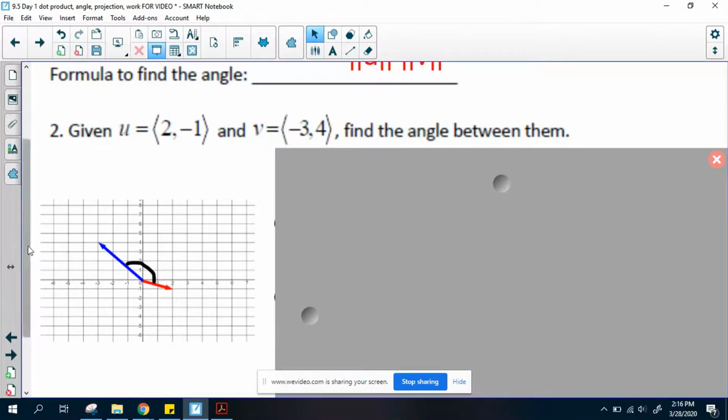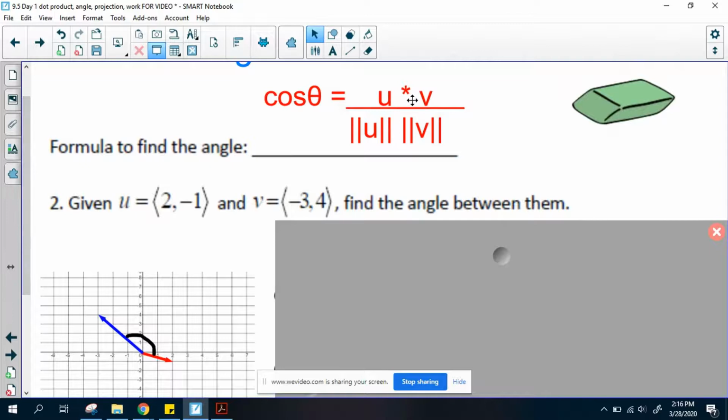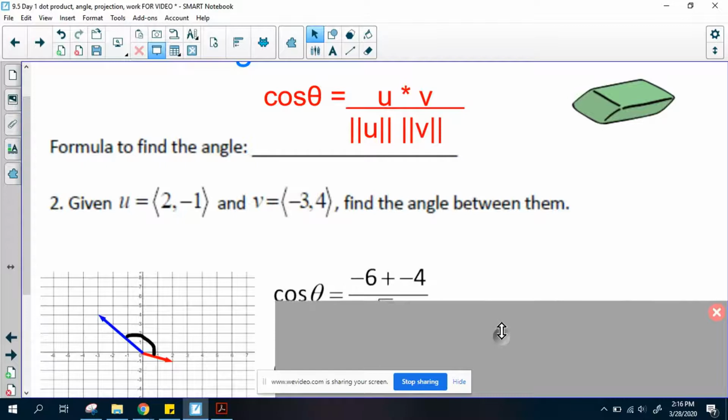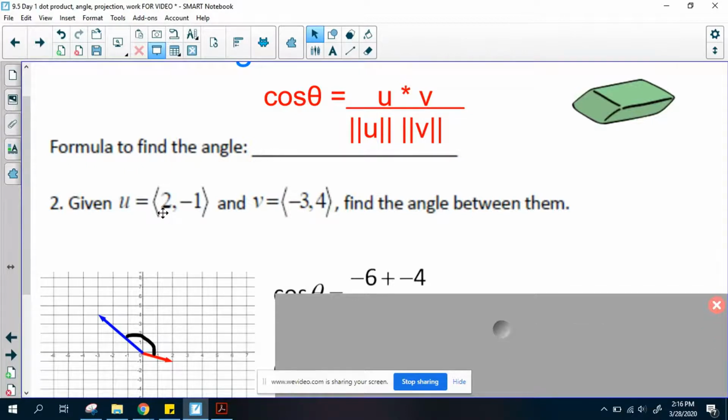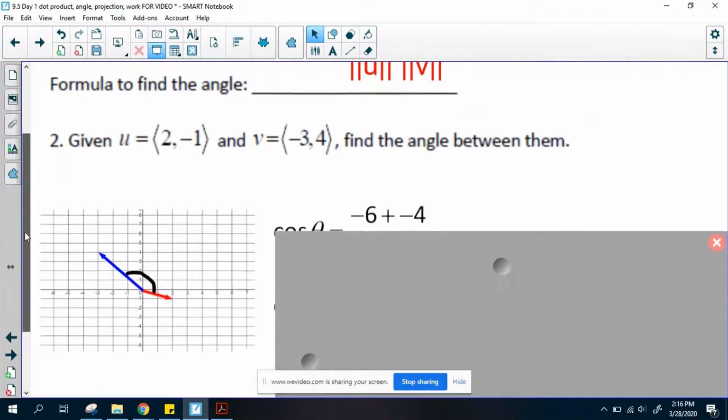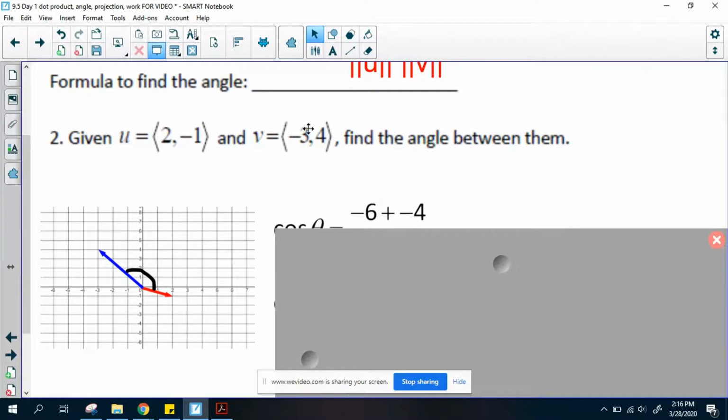The first thing is we have to find u dot v. Conveniently, we already did that on the last screen, which gave us -10. Then at the bottom, we want to find the magnitude of u and the magnitude of v. Remember, to do that, it's basically a squared plus b squared equals c squared. So 2 squared plus -1 squared, square rooted, and -3 squared plus 4 squared, square rooted.